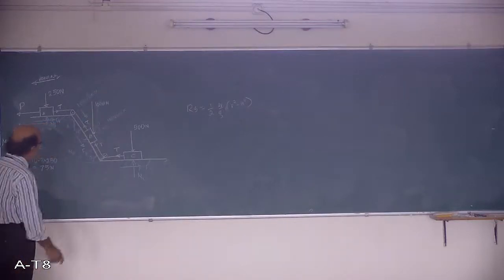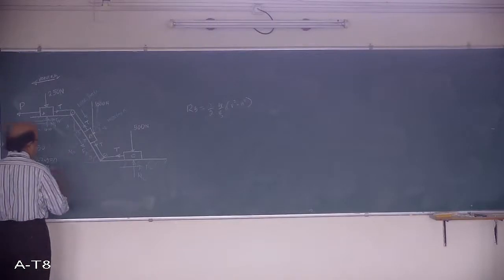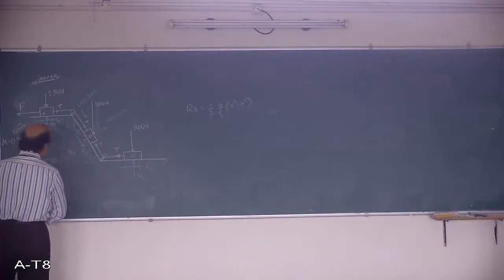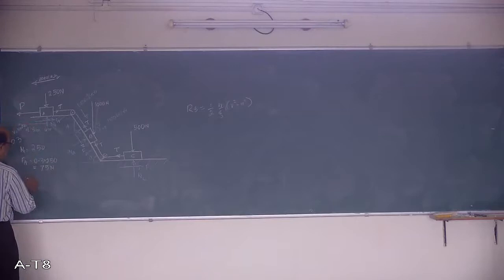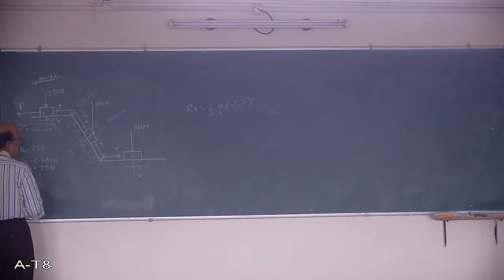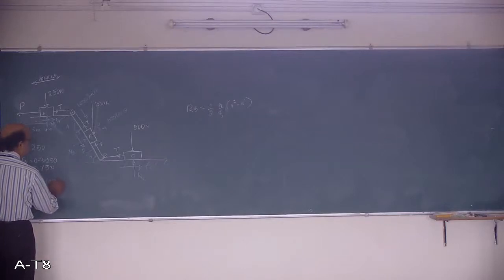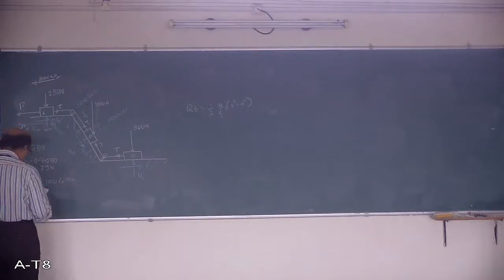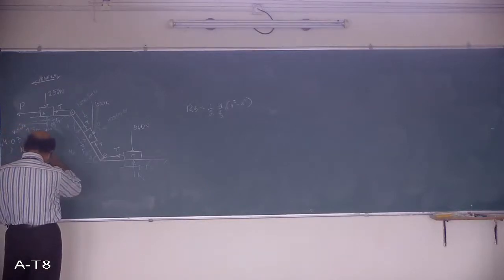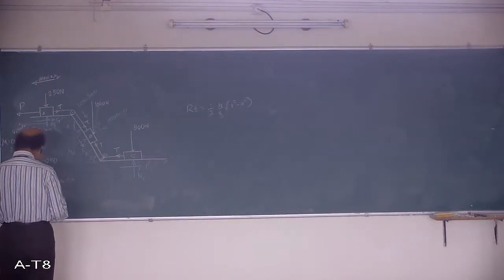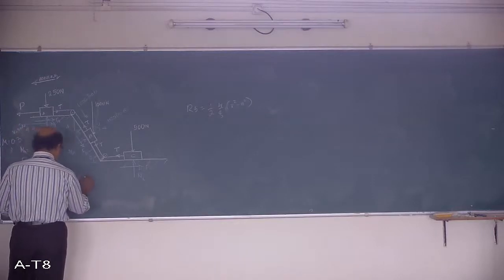Now, first of all, I am calculating the frictional force. What is NB? NB is equal to 1000 cos theta. This works out to 600 Newton. Theta you work out.